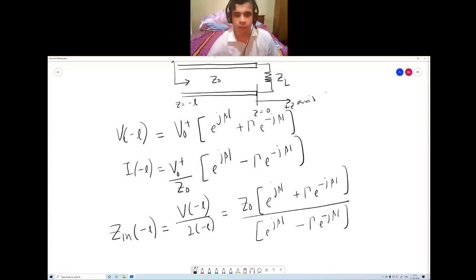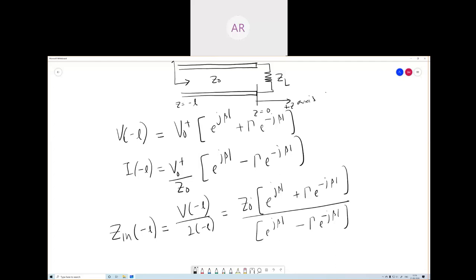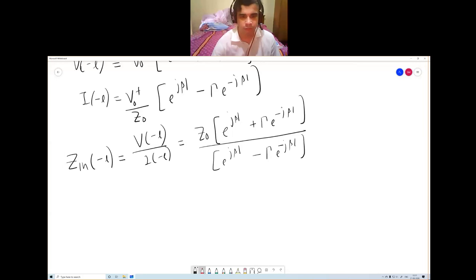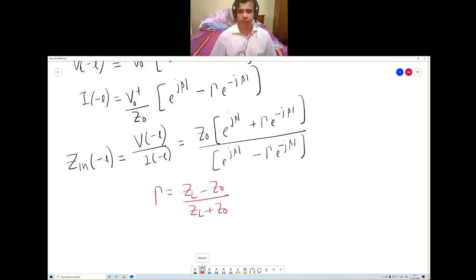Okay. Now let us use the fact that gamma is equal to ZL minus Z0 over ZL plus Z0. This is the way we had defined gamma.